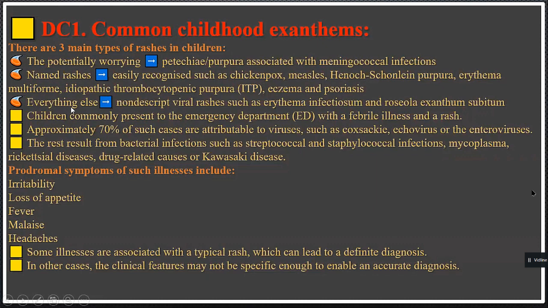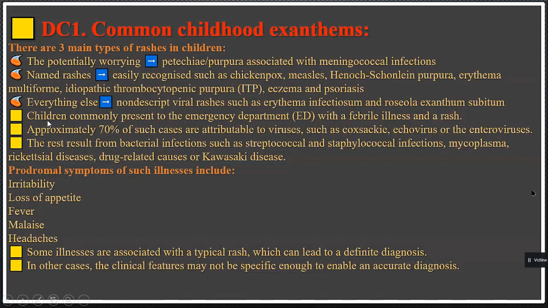And the third type, everything else, other than petechiae purpura, other than named rashes. So it's called everything else. So these are non-descript, non-specific features. You cannot diagnose. So here, sometimes it's erythema infectiosum, sometimes it's roseola infantum, for example.